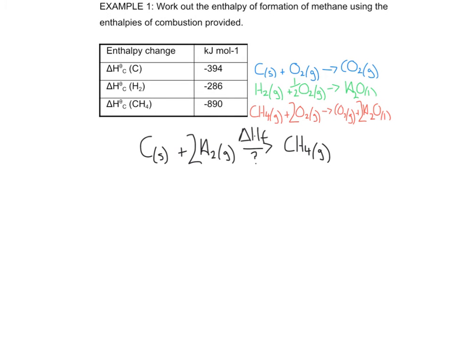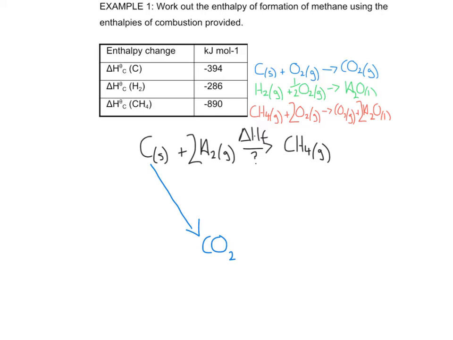Now last lesson, we were given delta HF values. We listed elements at the bottom of the cycle and our arrows pointed up. This time we're given delta HC values, so we are going to burn each of these elements or compounds to form their combustion product. So I'm going to burn carbon as per the blue equation to form carbon dioxide.